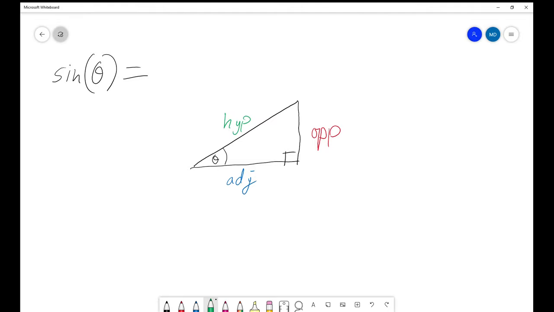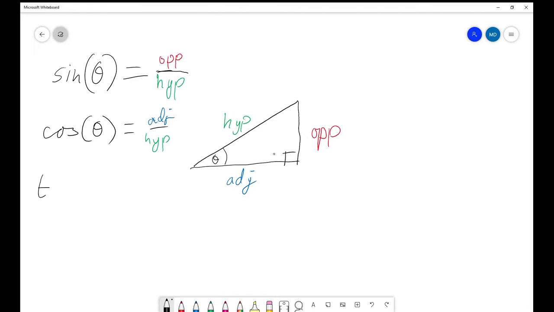In that case, sine of theta is the ratio between the length of the opposite side divided by the length of the hypotenuse. Cosine of theta is a very similar thing, which is equal to the length of the adjacent side divided by the hypotenuse.